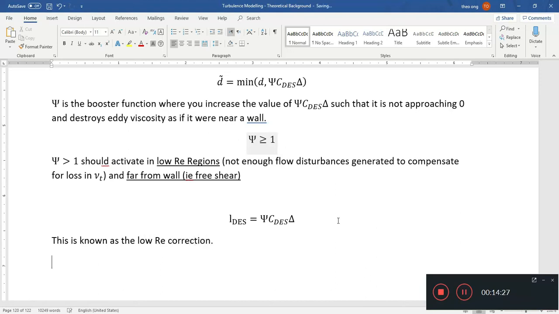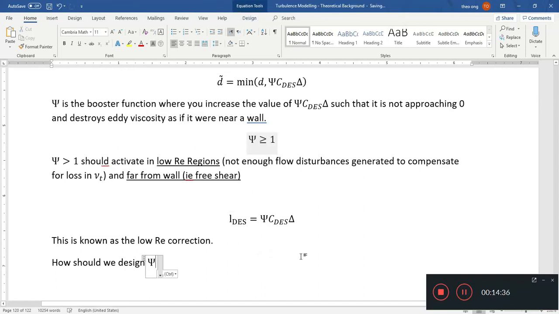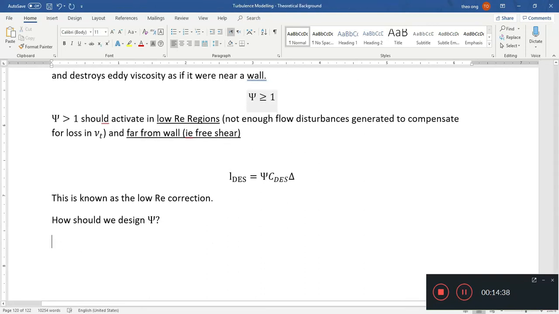How should we design this booster function?